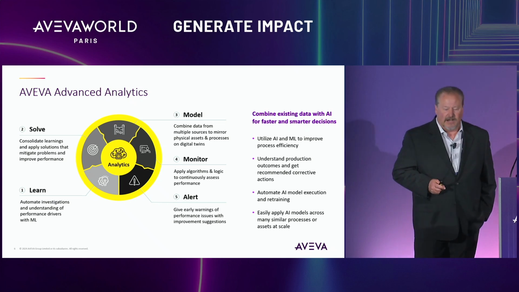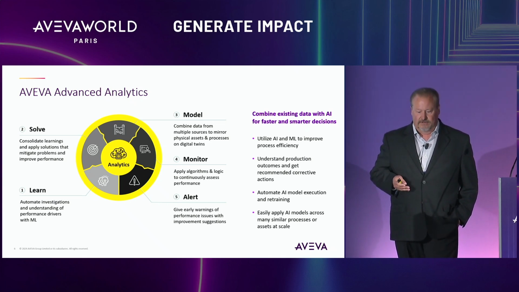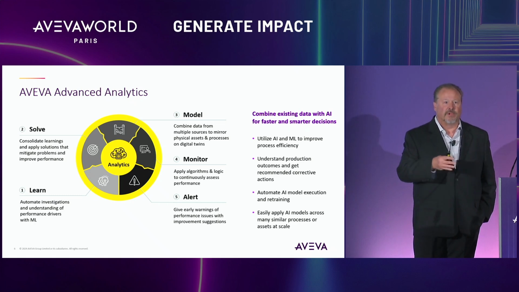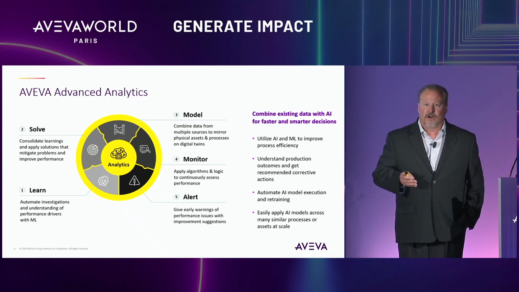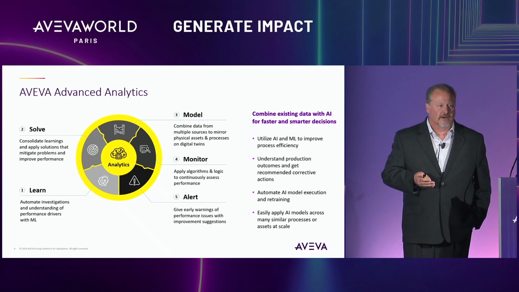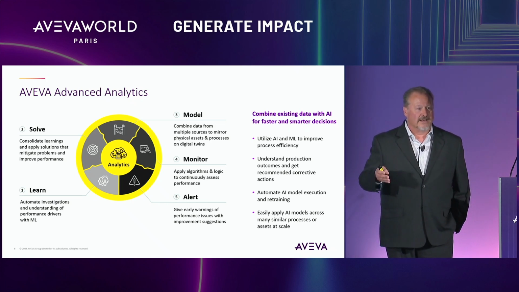It does this based on you going through a series of wizards that allow you to set up a machine learning algorithm. And all you really have to do as a control engineer or process engineer is answer some questions around your data.